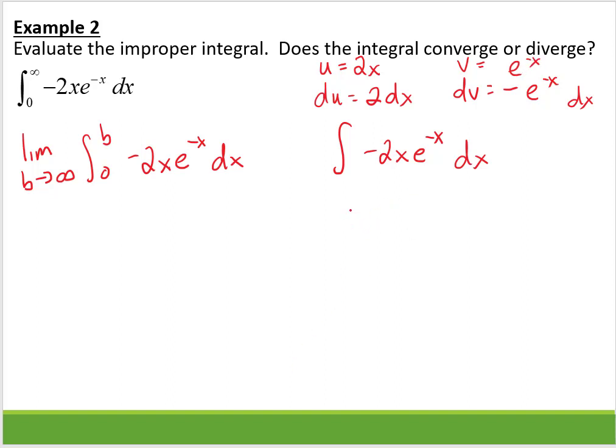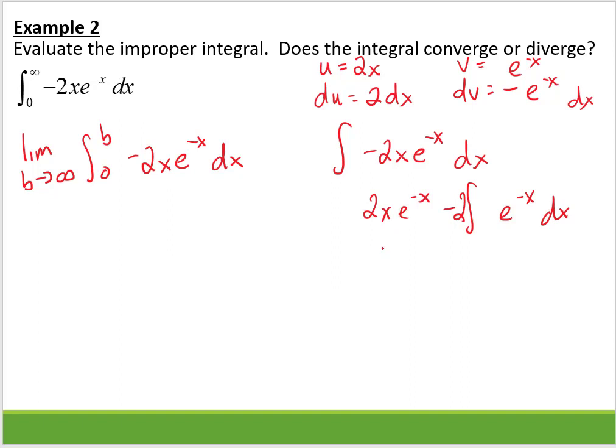So it actually makes this integration a lot easier on us. So now my uv, so 2x e to the negative x, minus the integral of v du. I'm going to put the 2 outside, e to the negative x dx.